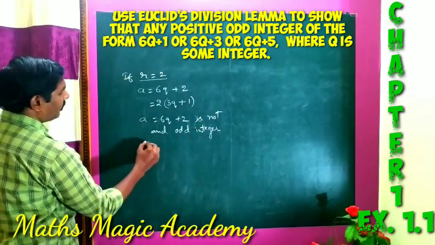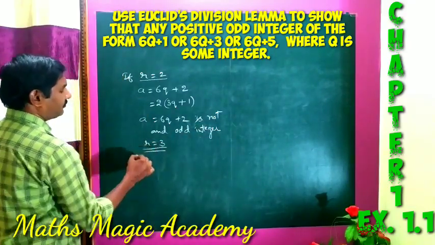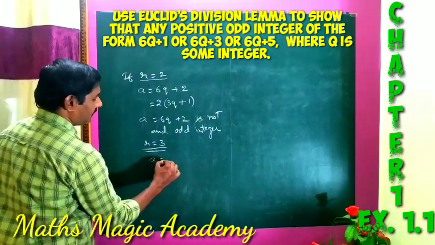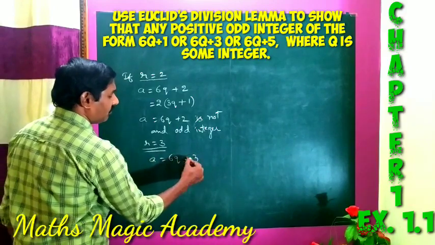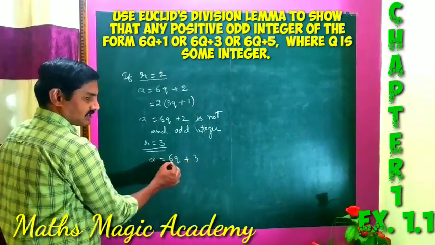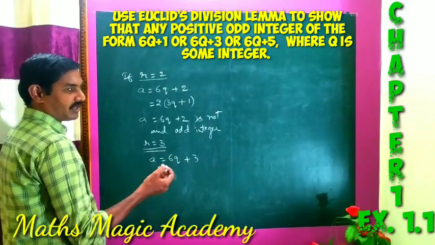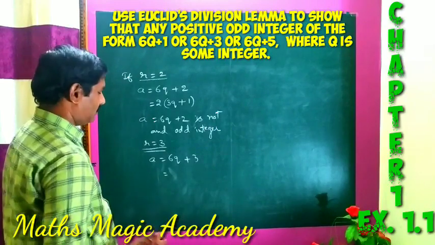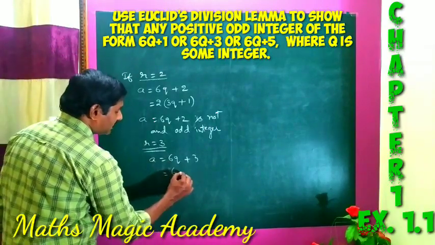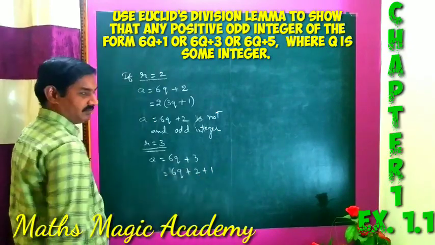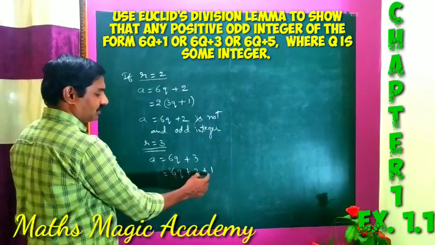r equals 2 is completed. Now r equals 3. Then a equals 6q plus 3. The general form of an even or odd number is defined by using 2n or 2n plus 1. So I will write this as 6q plus 2 plus 1.